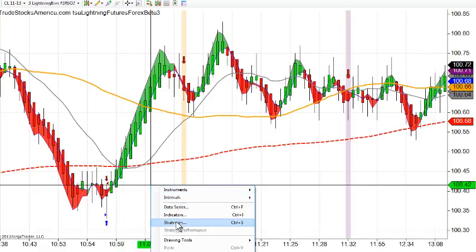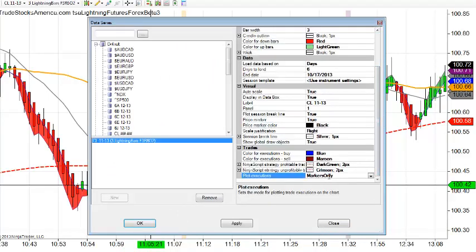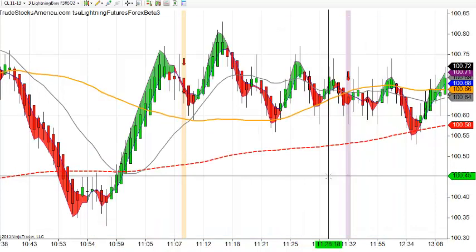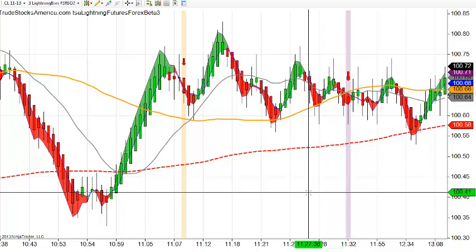If you wanted to turn on your markers or not, you can have all your trades show up. But anyhow, on this lightning bar, there's two other questions about what the lightning bars are and what they actually do.